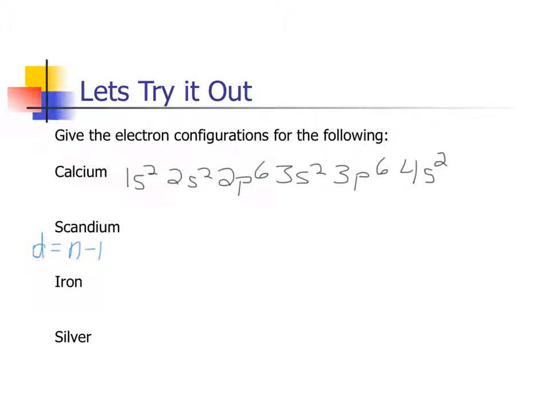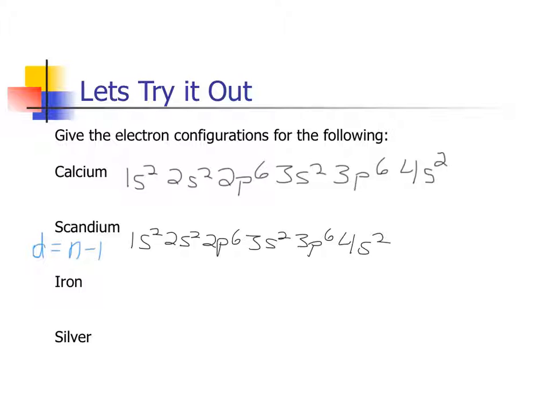We start with 1s2, 2s2, 2p6, 3s2, 3p6, 4s2. I like to write them as you would see it on the periodic table. After 4s2, after calcium, you get to scandium.